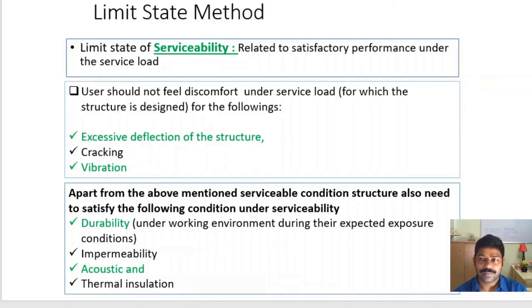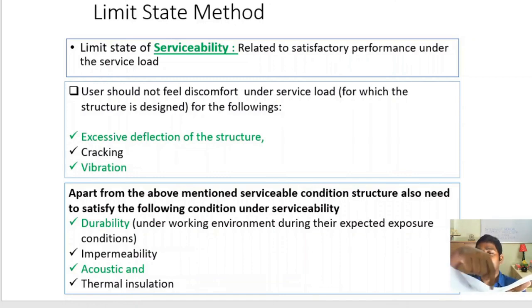So let me explain the first term. There should not be excessive deflection on the structure. Suppose we have designed one floor like this, and the occupant tries to walk like this. The structure does not fail, but you will feel the structure undergo excessive deflection.